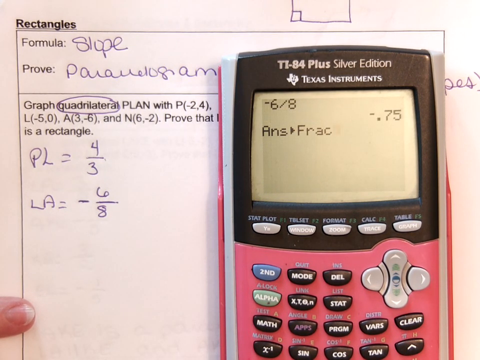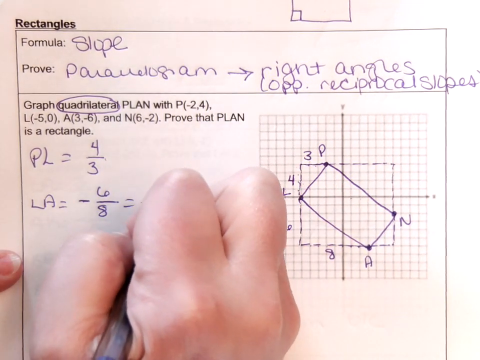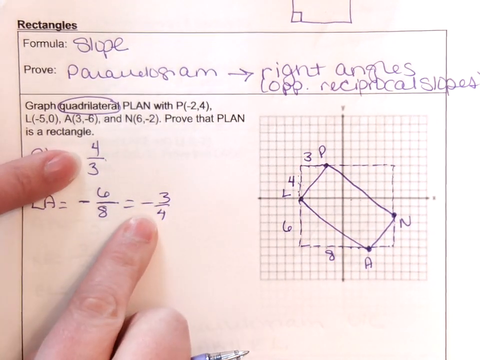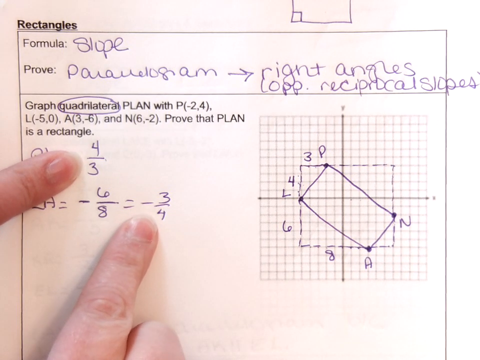And we hit enter and enter again, and it simplifies it nicely. So if simplifying fractions isn't your thing, just go ahead and use that tool. All right, so it's going to be -3/4. And there are our opposite reciprocals like we talked about with the right triangles.